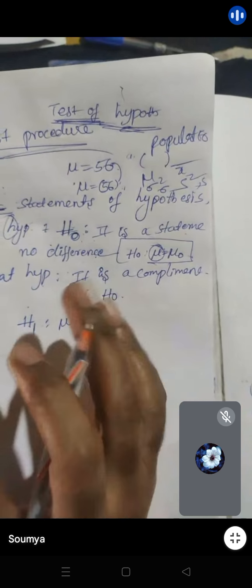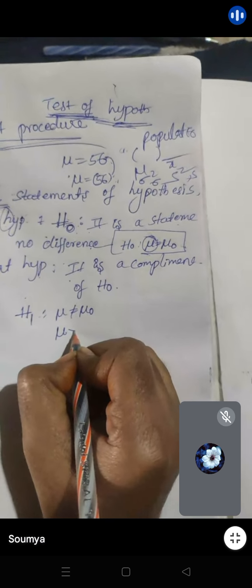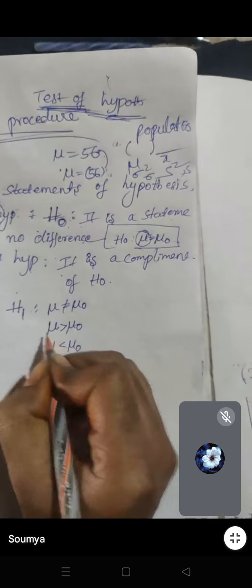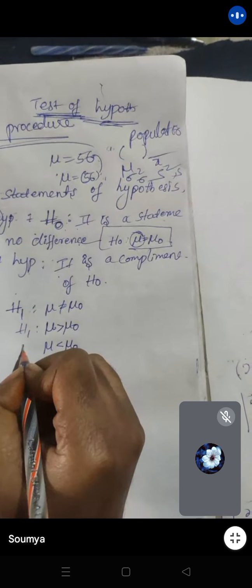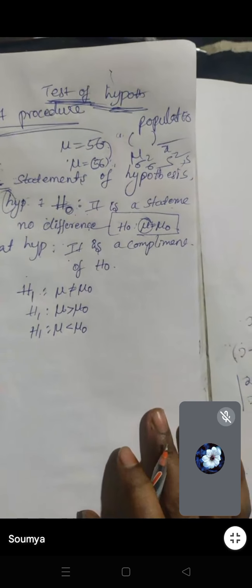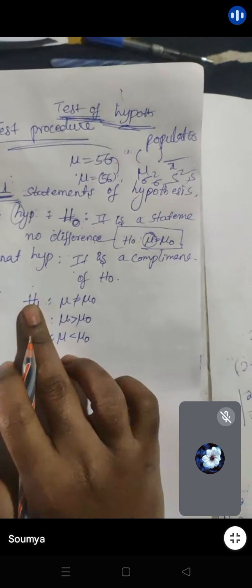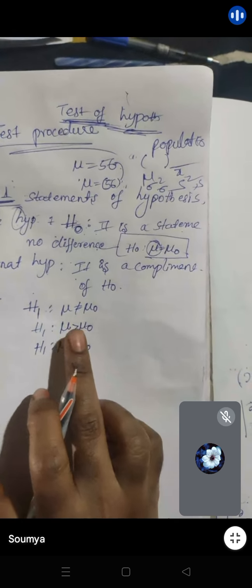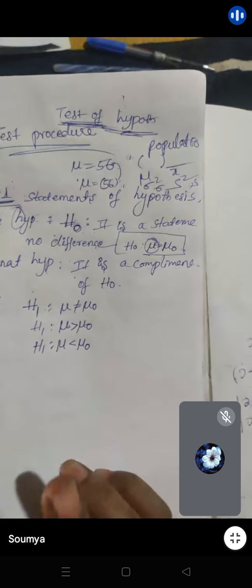So there are 3 possibilities. That may be mu greater than mu naught, or mu less than mu naught. Here we have 3 possibilities. H1 is either mu not equal to mu naught, mu greater than mu naught, or mu less than mu naught.